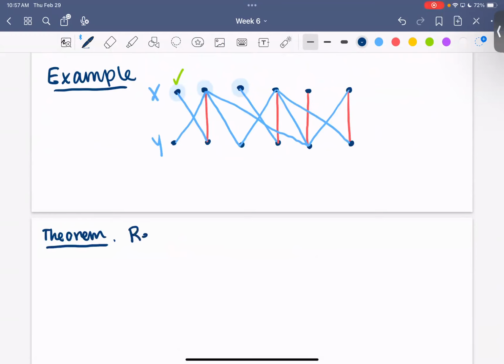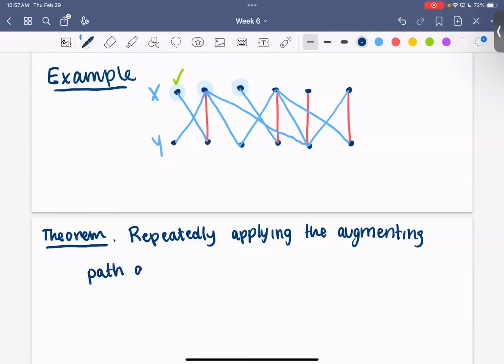Repeatedly applying the augmenting path algorithm to a bipartite graph produces a maximum matching. Maximum, right? Yeah, thank you.